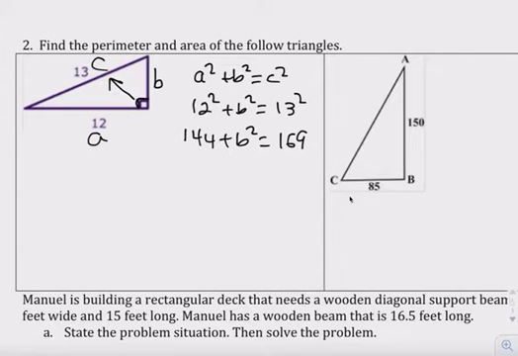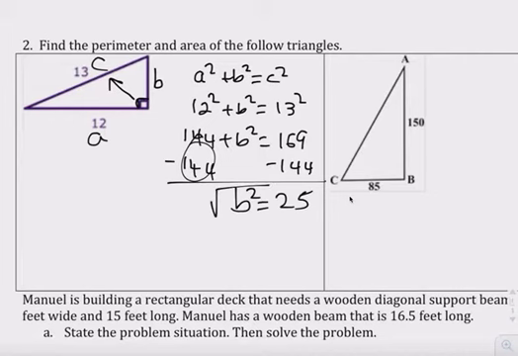Let's see, double check. 13 times 13 is 169, minus 144 from both sides. 0 plus b squared is 25. b squared equals 25. B equals 5. So this length right here is 5.